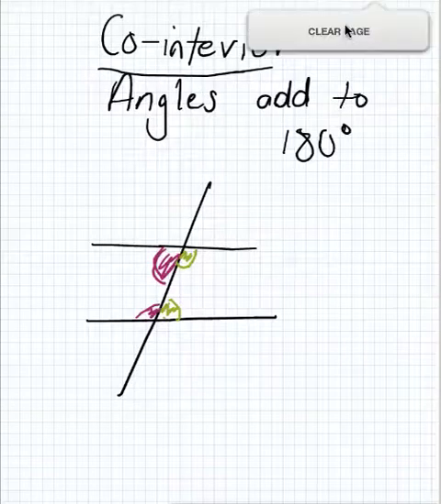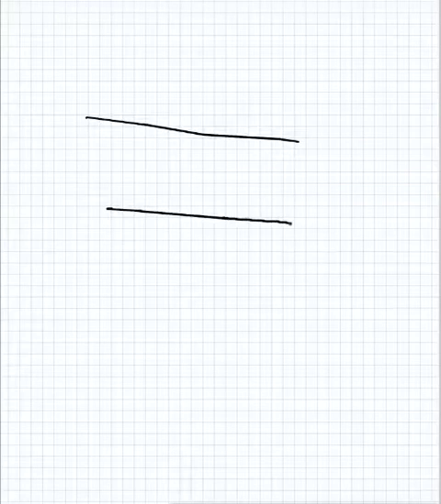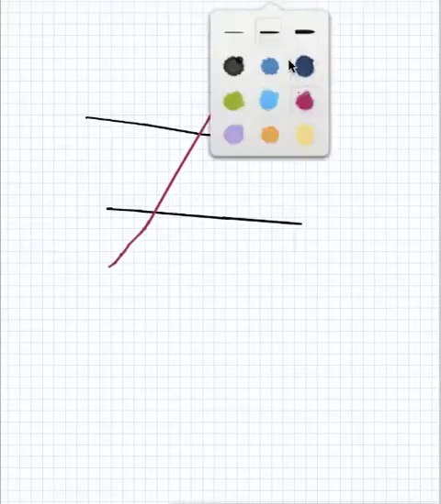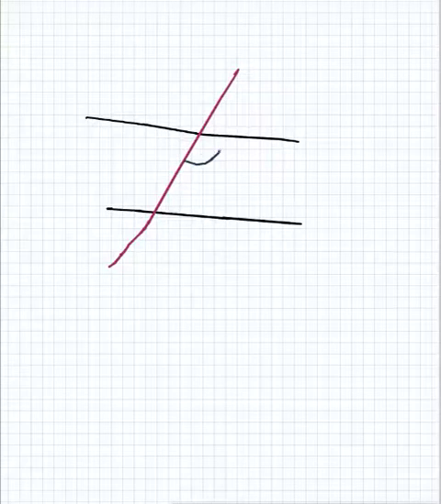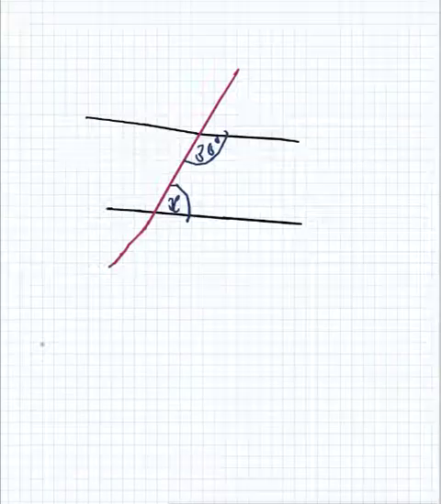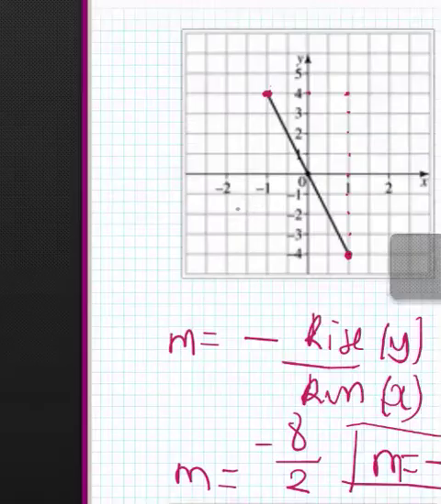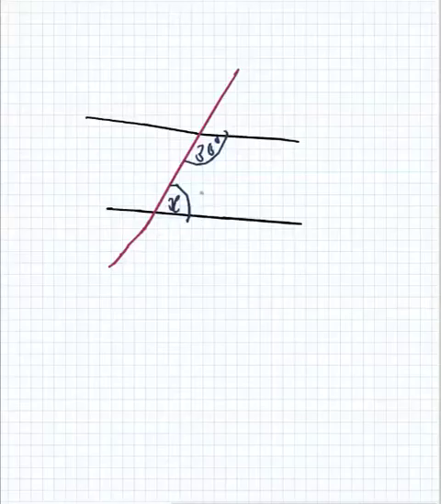So let's do an example with some actual degrees. There's my two parallel lines with a transversal cutting through. If I told you that this angle here was 30 degrees, and I asked you to tell me what this angle down here, x, is, we can see they are not alternate. They're both on the inside, but one is on the other side.